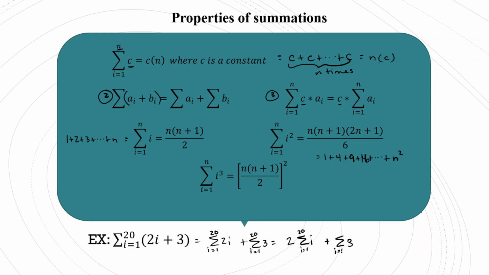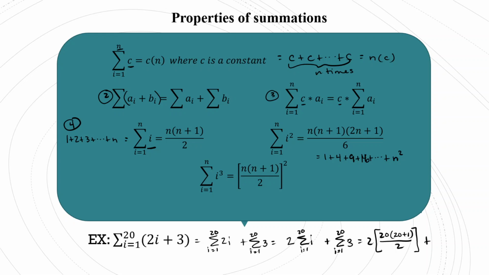Now this first sum can use property number 4 for the sum of i, and my n value is now 20. It's multiplied by 2.